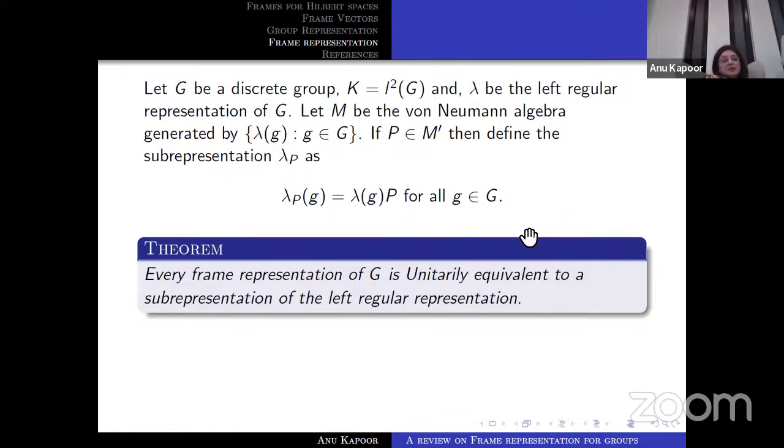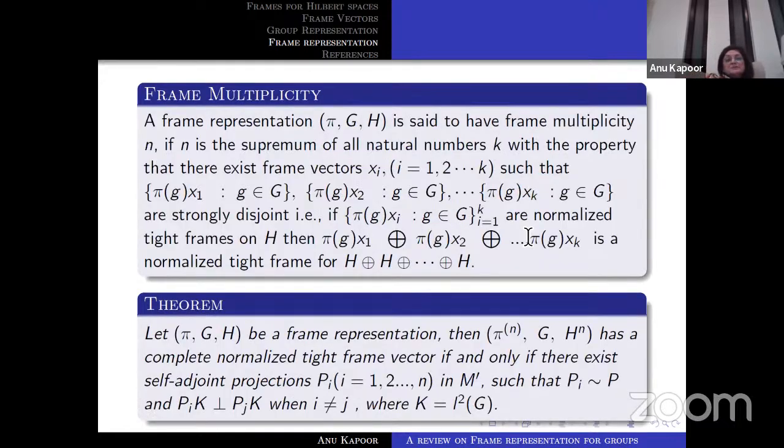Using this and the previous result, we have that every frame representation of G is unitarily equivalent to a sub-representation of the left regular representation. That means we can limit ourselves to studying the left regular representation, as every frame representation is unitarily equivalent to a sub-representation of it. Now, next thing in the sequence is the frame multiplicity.